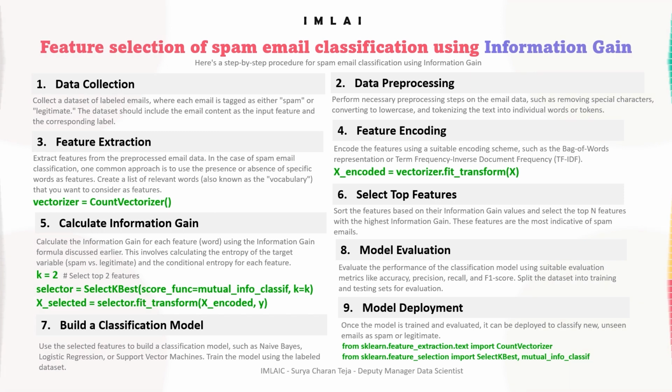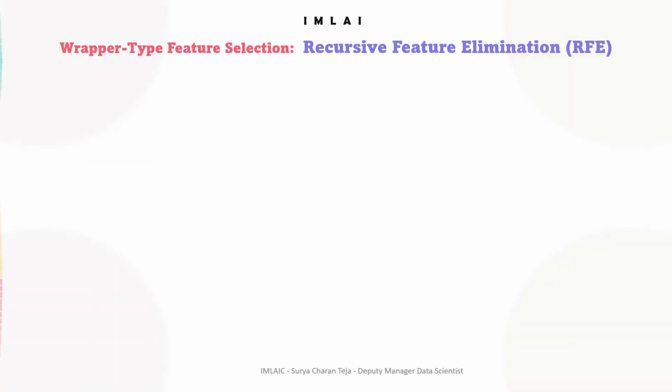Examples of filter type feature selection algorithms we have seen include information gain, variance threshold, and chi-square test. So now let's move on to the wrapper type feature selection. Wrapper type feature selection algorithms evaluate the quality of features by training and evaluating a specific machine learning algorithm. They use the performance of the machine learning algorithm on different feature subsets to determine the relevance of features.